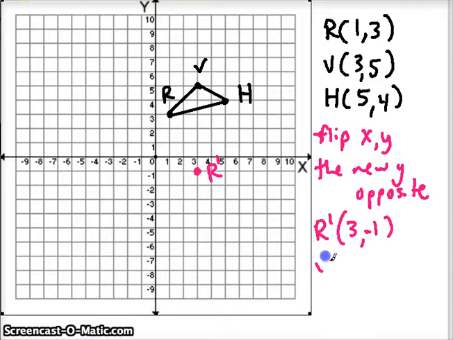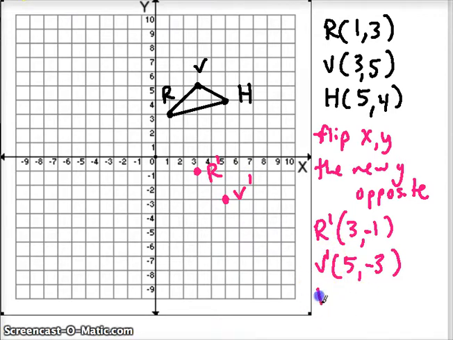Let's do the same thing to V. Instead of 3, 5, we're going to flip the x and y, so it's going to be 5, 3. And the new y is going to be the opposite. So instead of positive 3, negative 3. So 5, negative 3 is V rotated.